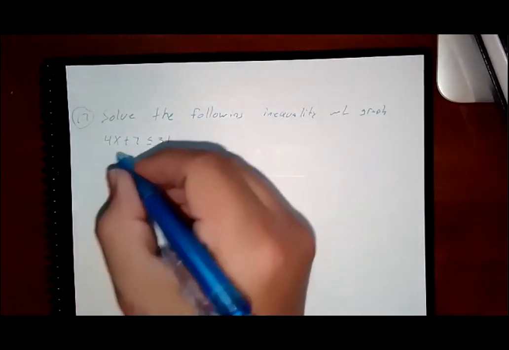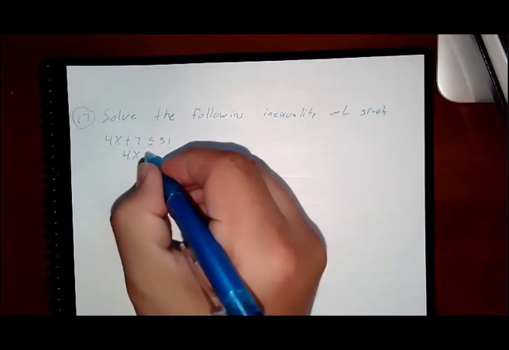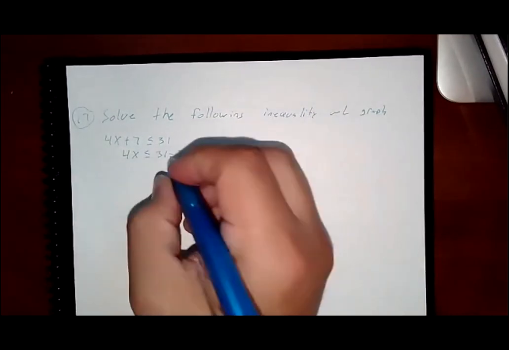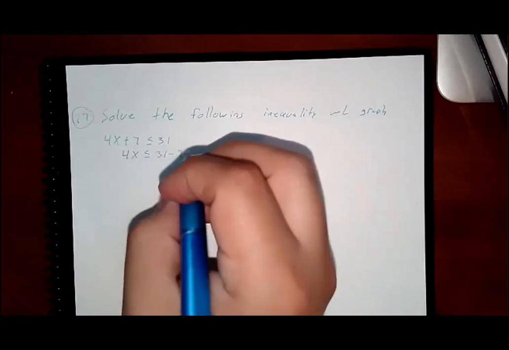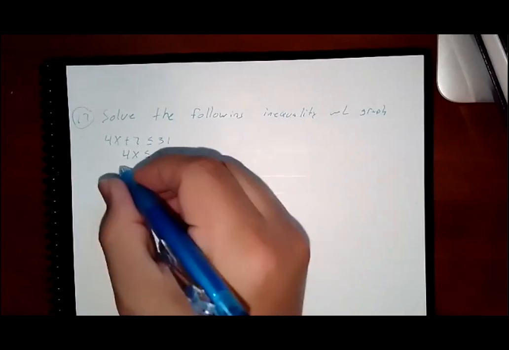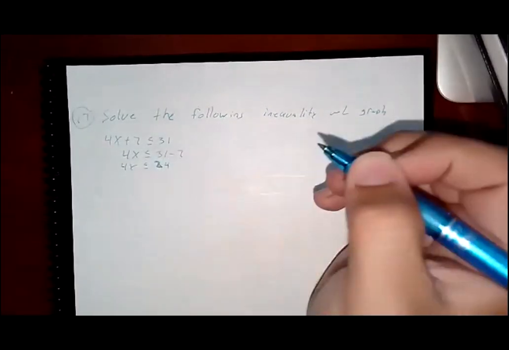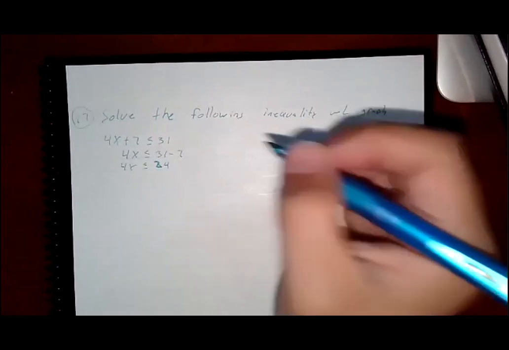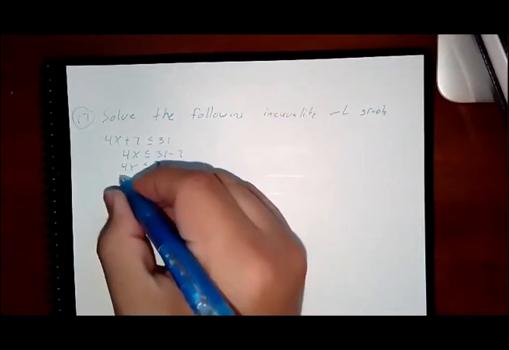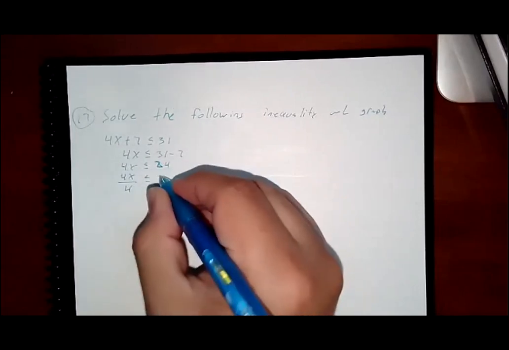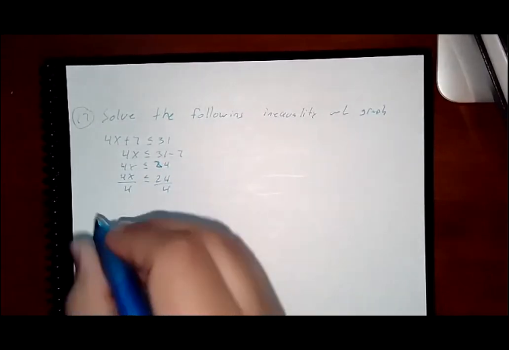So I'm going to subtract 7. Do 31 minus 7. 31 minus 7, that's going to be what? 34? No, 24, sorry. Okay, then divide by 4. And that's pretty much it.